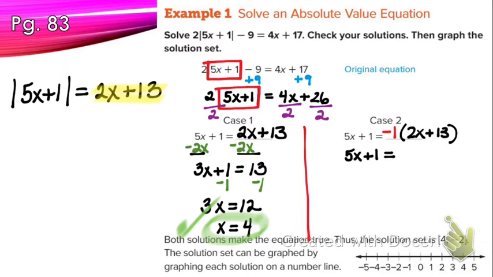Now distribute the -1. What's -1 times 2? -2x. And -1 times 13. Go ahead and solve that. Solve it for x.